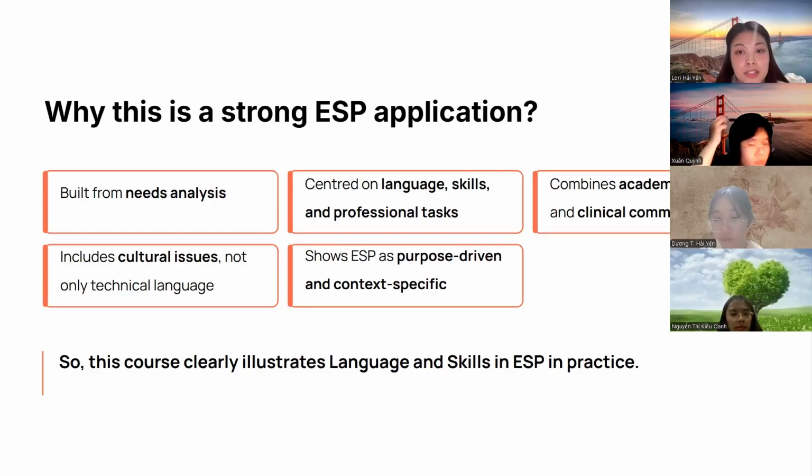And finally, it shows ESP as purpose-driven and context-specific. So this course clearly illustrates language and skills in ESP in practice. It shows that in ESP, language teaching should be based on what learners really need in their academic and professional context. And this is all of our presentation today.